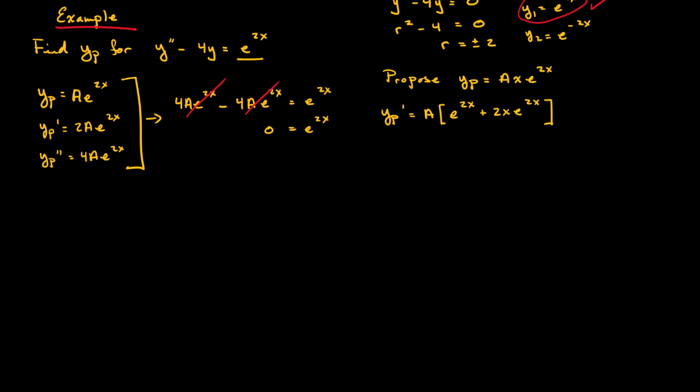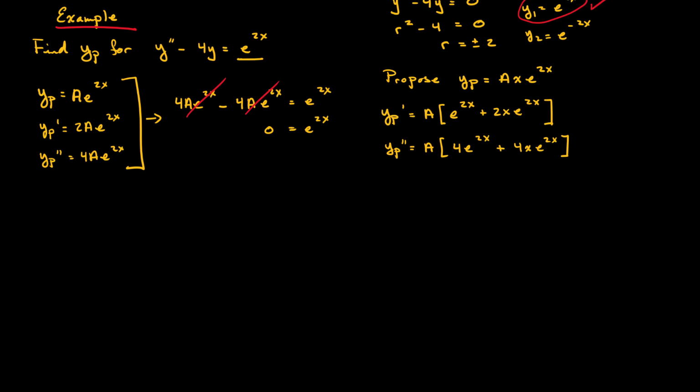It'd be good practice for you to pause the video and try to get these on your own, just to make sure you're on top of taking derivatives. Okay, and the second derivative, once again, we take the subsequent derivative. And that gives us 4a e to the 2x plus 4ax e to the 2x.